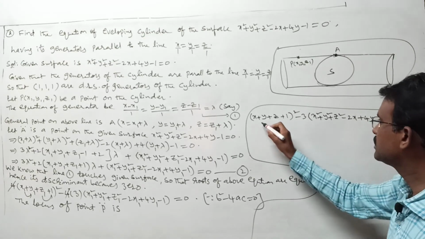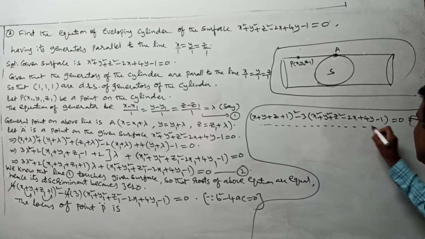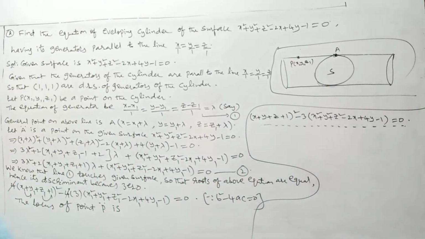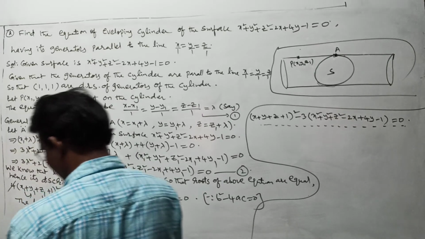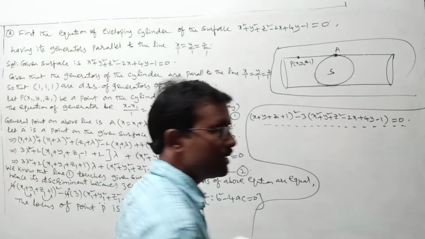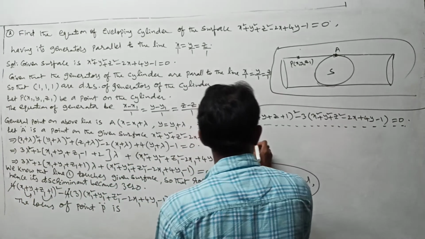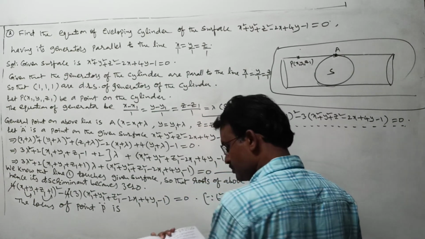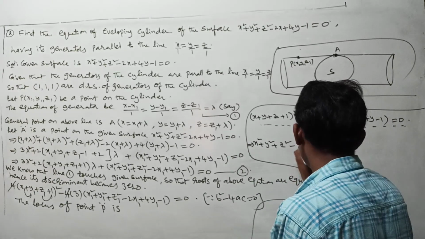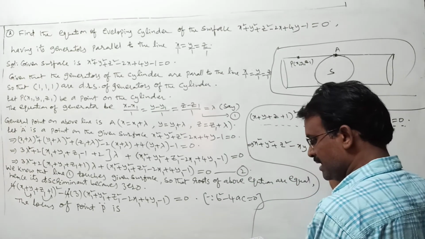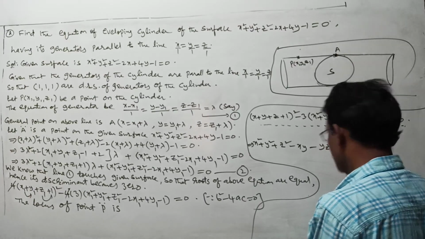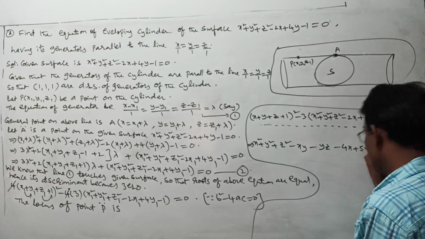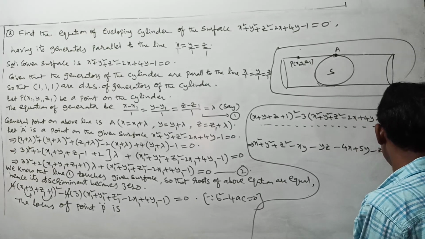Now you can do the simplification at home, yourself. You get the final expression, that will be the equation of your cylinder. I am going to write that final result here; in the notes it is already available in the material. That is x square plus y square plus z square minus xy minus yz minus 4x plus 5y minus z minus 2 equal to 0.